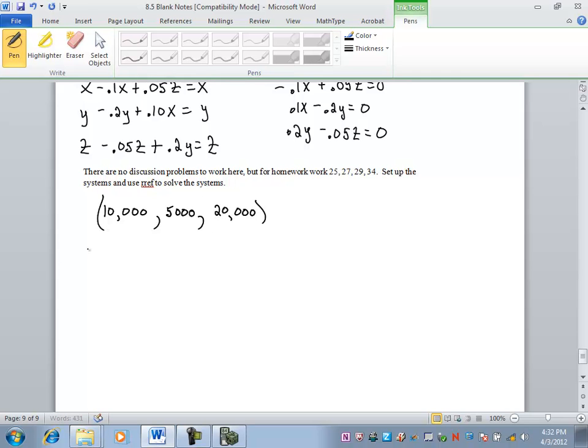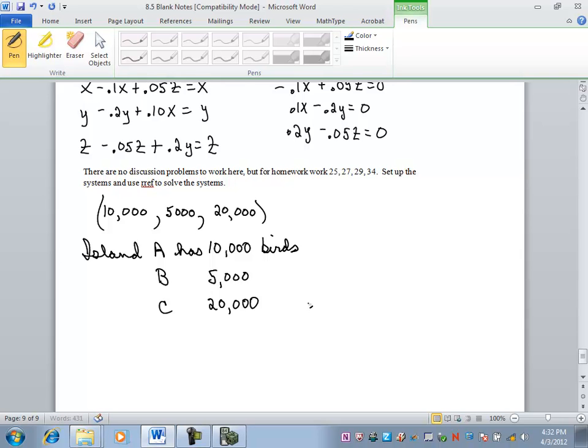So what this tells me is island A has 10,000 birds, B has 5,000, and C has 20,000. Okay, so a lot to do here, kind of time consuming. That's okay, we can do it.